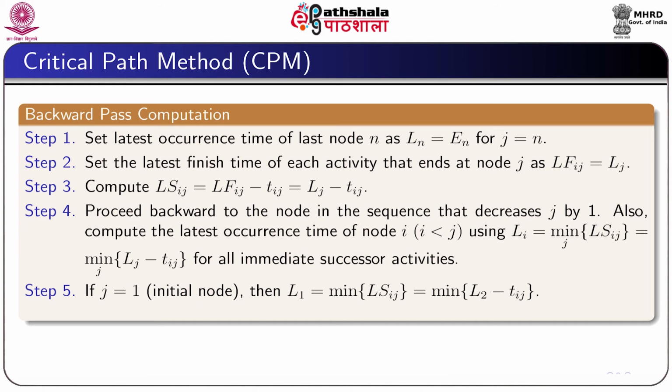Now, finally, if j equal to 1, that is the initial node, then L1 can be obtained as L1 equal to a minimum of LSij, which is nothing but the minimum of L2 minus Tij.